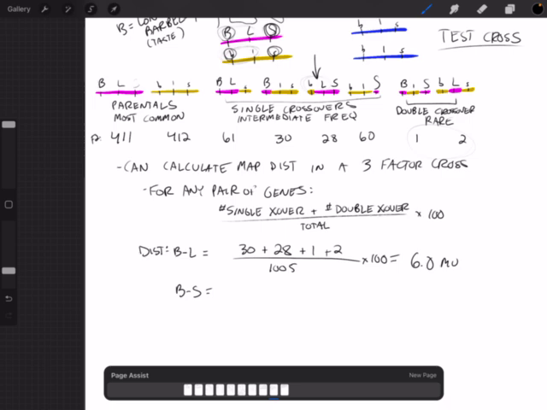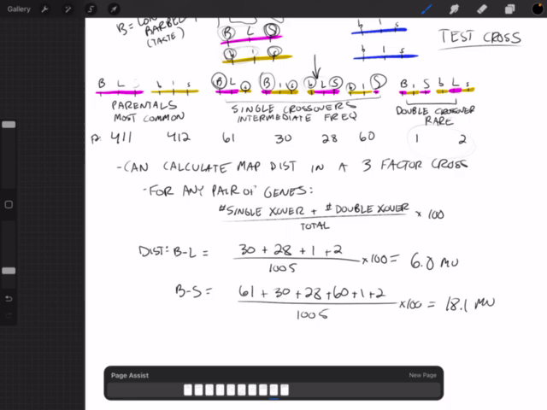So right here, we have dominant B, recessive S, so we count those 61. Here we have dominant B, recessive S, so we count that 30. Here we have recessive B, dominant S, so we count that 28. Here we have recessive B, dominant S, so we count that 60. And then we always count the double recombinants. So we divide that by 1005 times 100, and we get 18.1 map units.